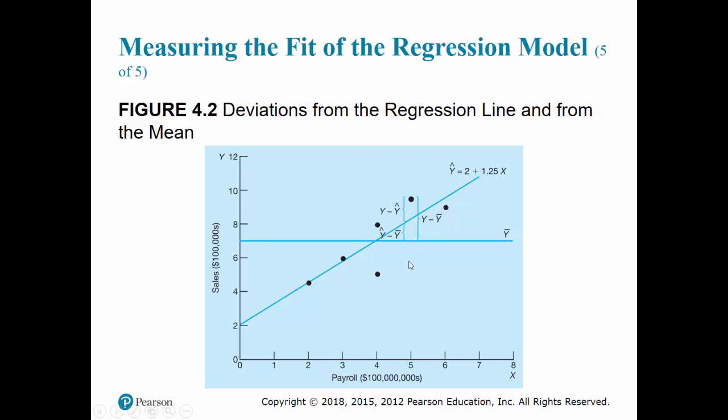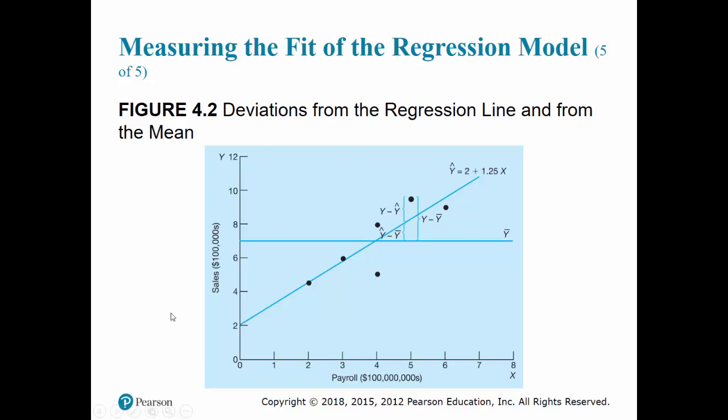So for each point you take y minus y bar, square that and add them up. That is your baseline total variability in y, because you're not using regression, you're using just y bar. So y minus y bar squared, summed, is called the total sum of squares.